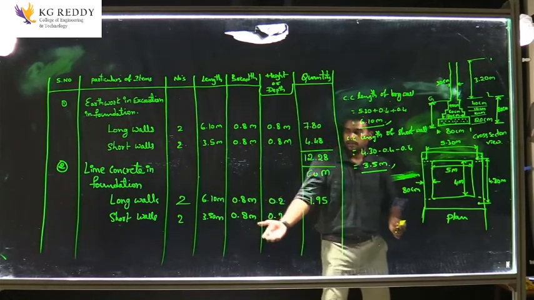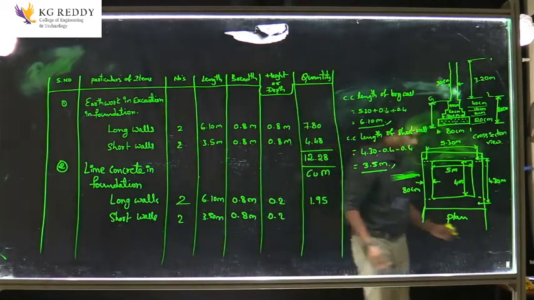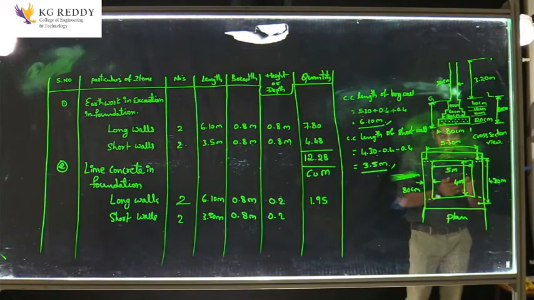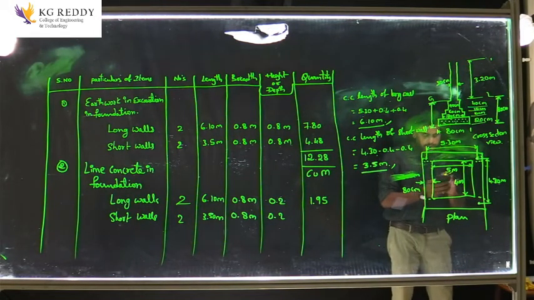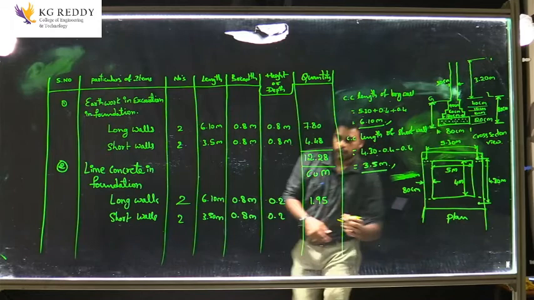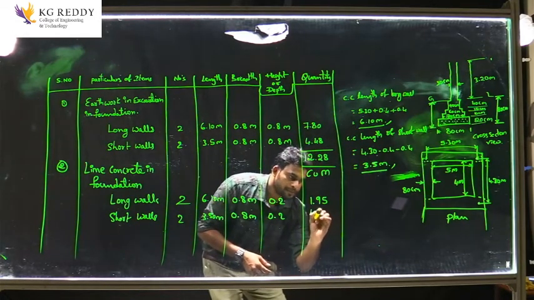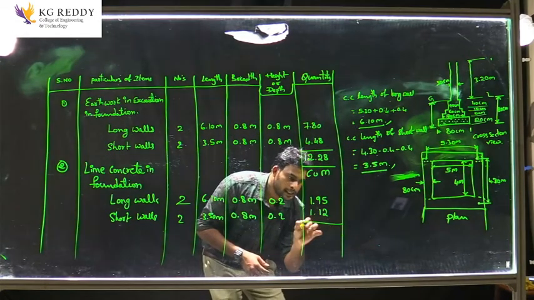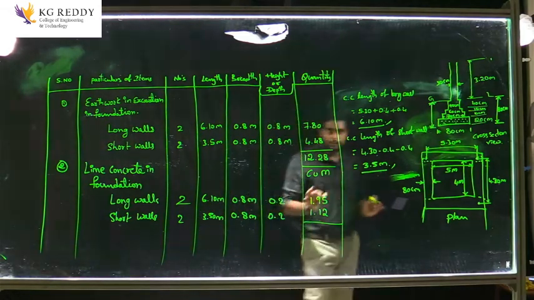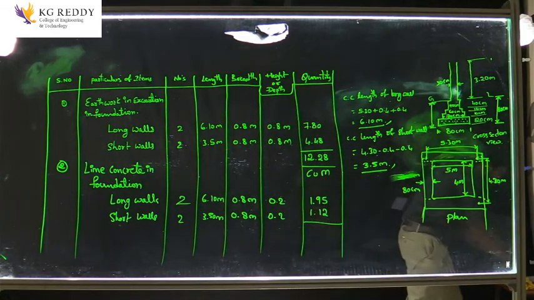Similarly, by multiplying these four, we get this quantity: 2 into 3.5 into 0.8 into 0.2. That is 1.12.